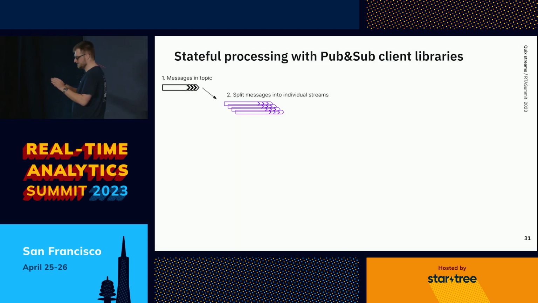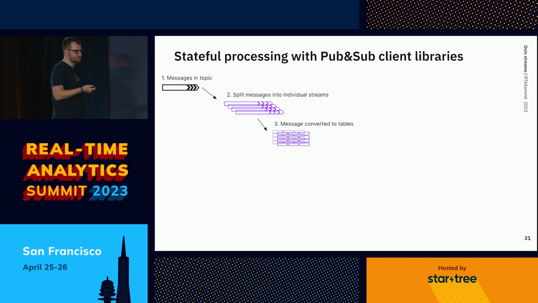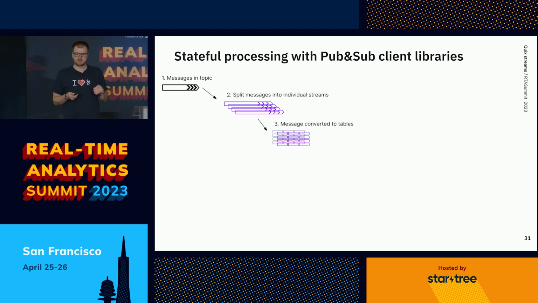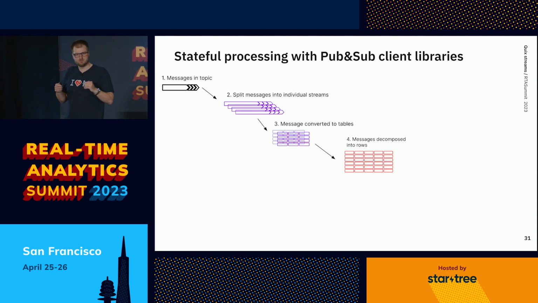You have to split the messages into streams that will then get assigned to partitions. Then you have to parse these messages into, let's say, time series data frames, like in this case. And then you have to create an abstraction between the messages, because then again, you don't really care how the messages come in. You care about the data in them.